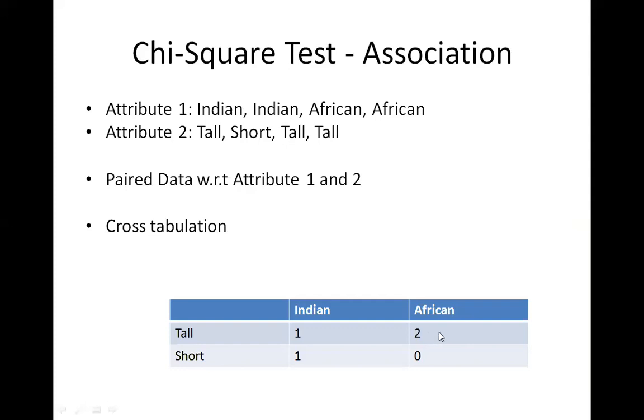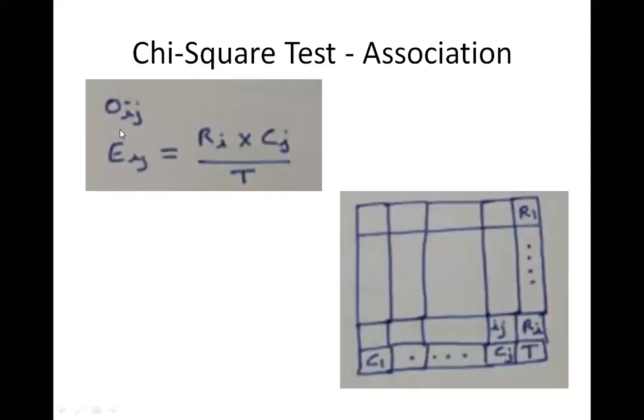This cell 1, 2 has a value of 2. Similarly, this cell is cell 2, 1, and it has the observed value of 1. And cell 2, 2 has an observed frequency of 0. These are the frequencies.